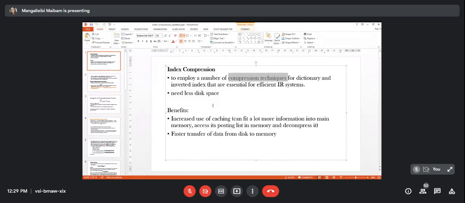So in order to provide an efficient IR system, we employ a number of compression techniques to compress the number of terms, or the dictionary size, also called vocabulary size. This process is known as index compression, and by performing it we need less disk space.